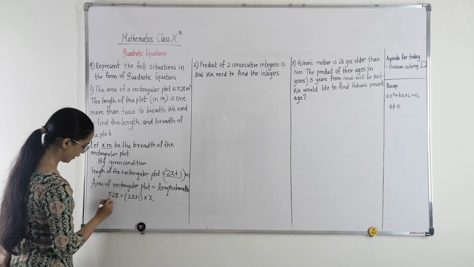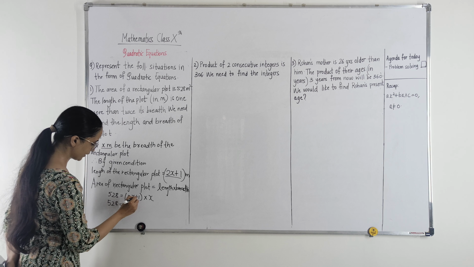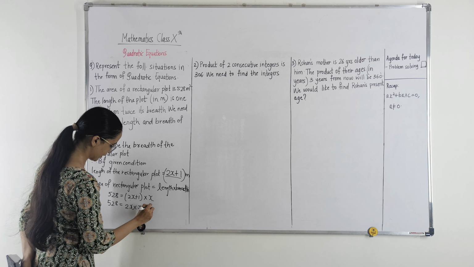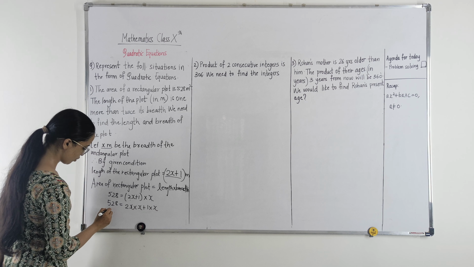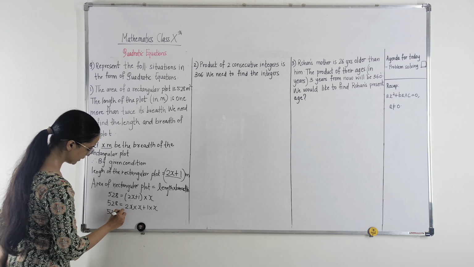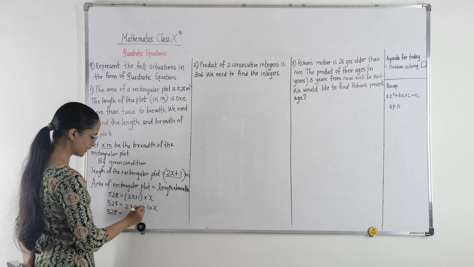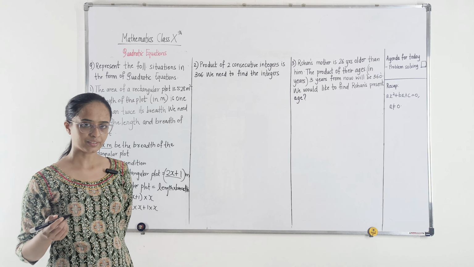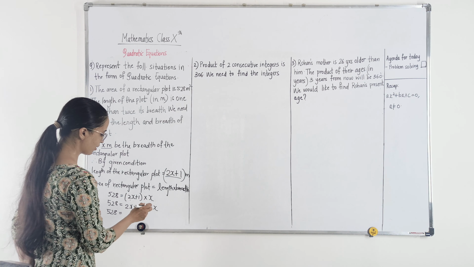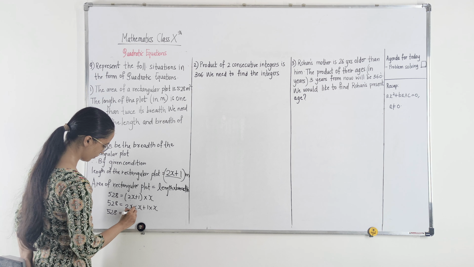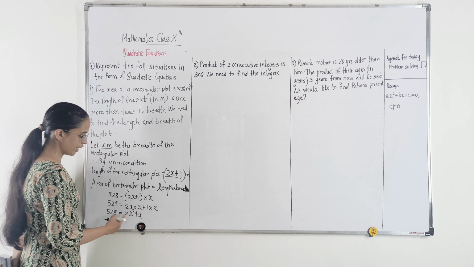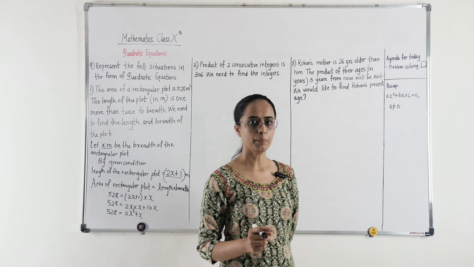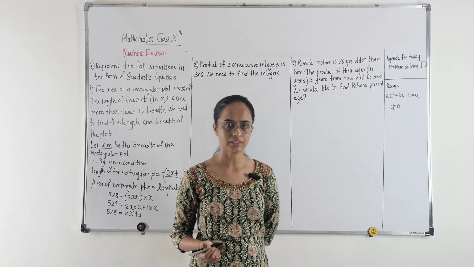Let us first simplify. So we get 528 is equal to 2x into x plus 1 into x. So x into x, according to the rule of indices, we know that since the bases are same, the powers get added. So 1 plus 1, which is 2x square plus x. Now we have got an equation in one variable whose maximum power is 2, but it is not represented in the standard format.